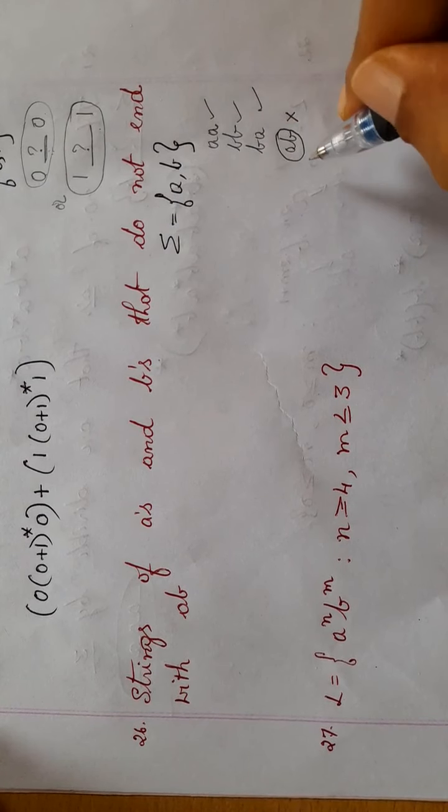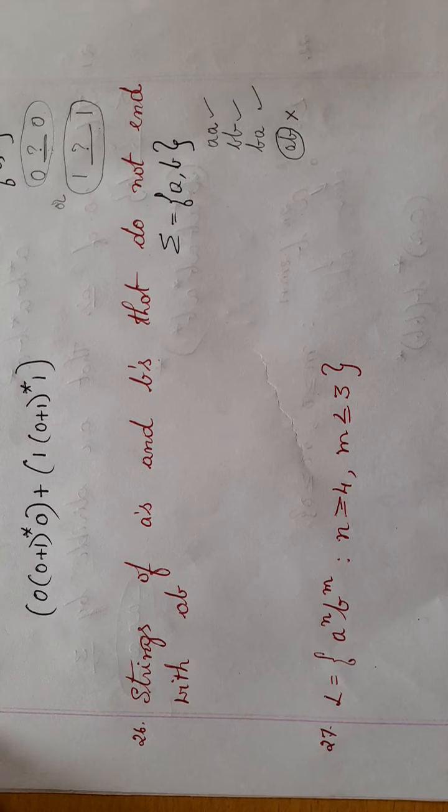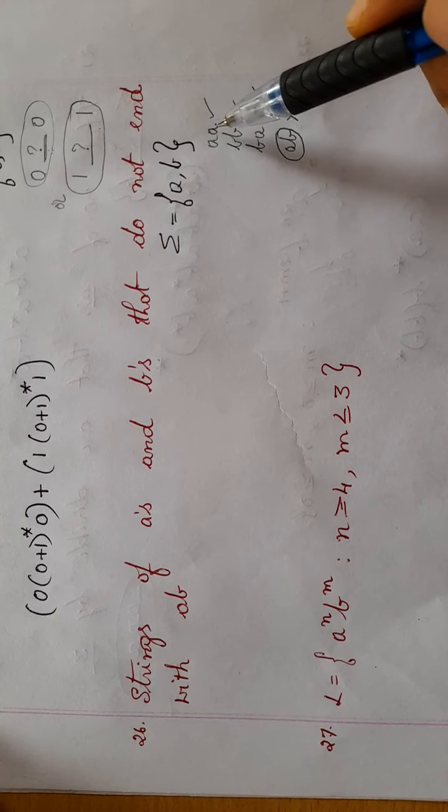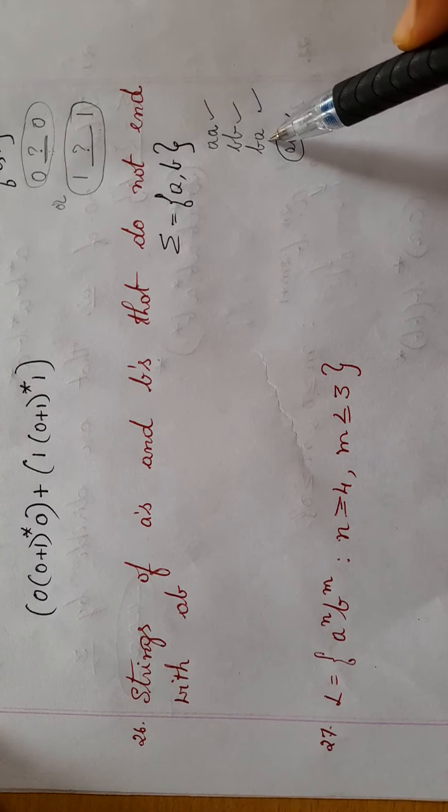So how to write the regular expression for this? In the end I have AA, BB and BA. What about the beginning?